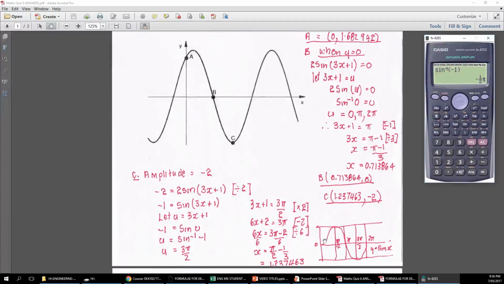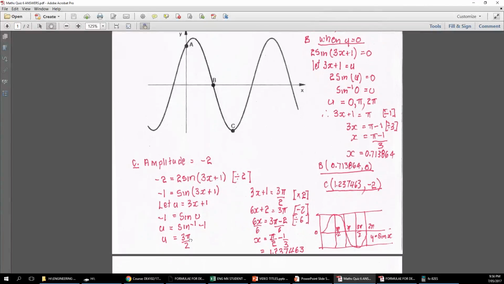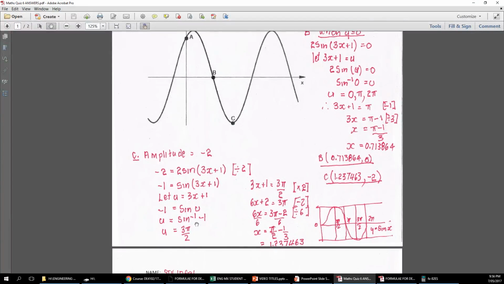So that's back down through here, that's that one. But then there's one every 2 pi after that. So that would give us, as we got here, 3 pi by 2. So u equals 3 pi by 2.